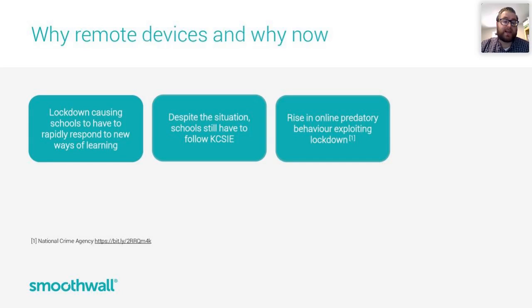We also know that there is a significant rise in online predatory behavior and other risks that are coming forward with these devices. Now, the National Crime Agency has reported that paedophiles are actively looking to exploit the lockdown. They've identified offenders discussing opportunities to abuse children during the crisis.